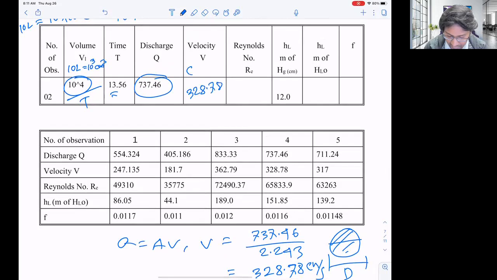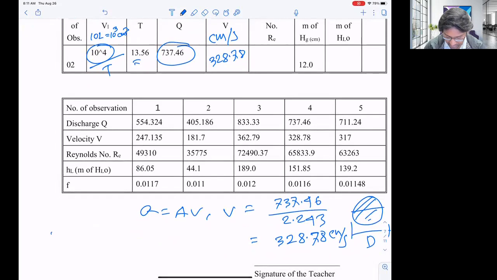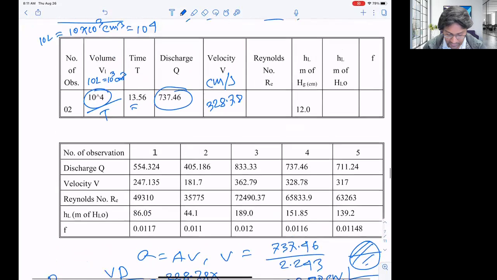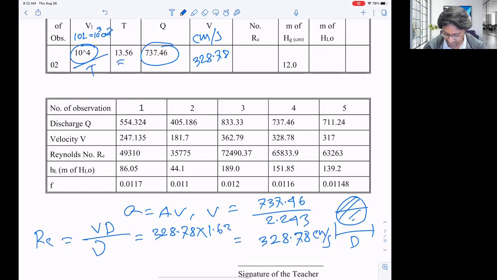Now we have to calculate the Reynolds number. The equation is Re equals V D divided by nu. The velocity we just saw is 328.78, and the diameter is 1.69 centimeter. Everything will be in centimeter.